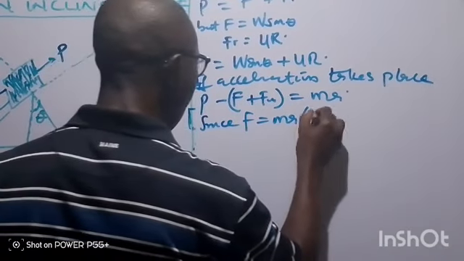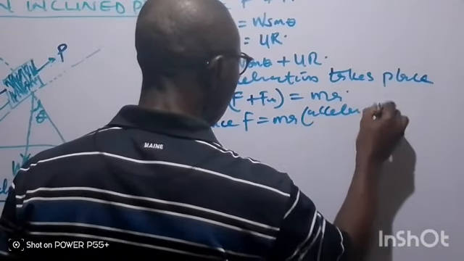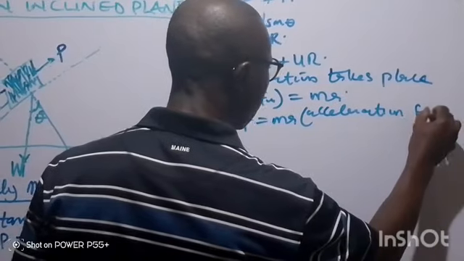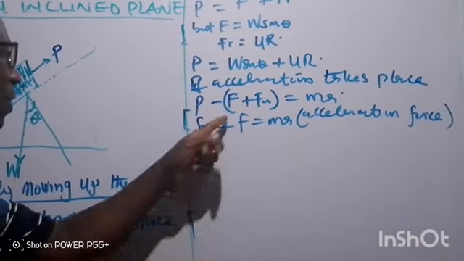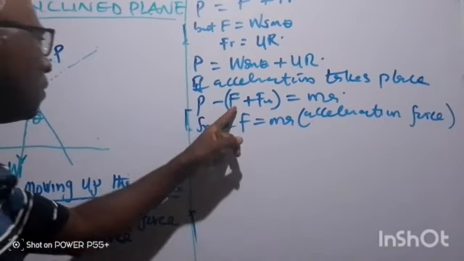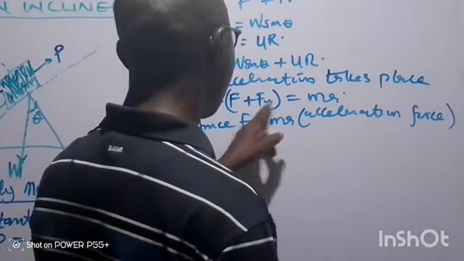That is the accelerating force, since F is equal to ma. So we are going to have P minus F plus Fr in bracket equal to ma.